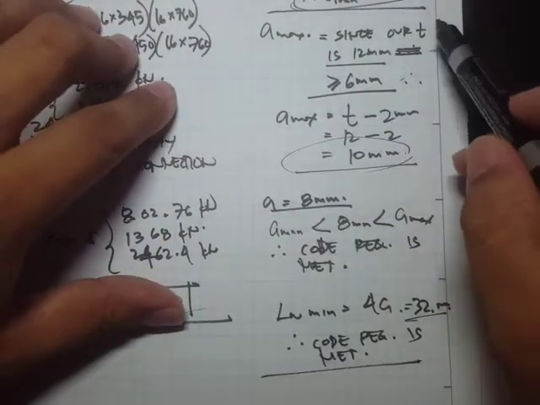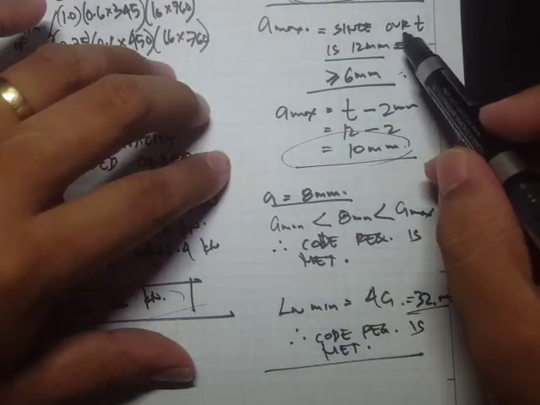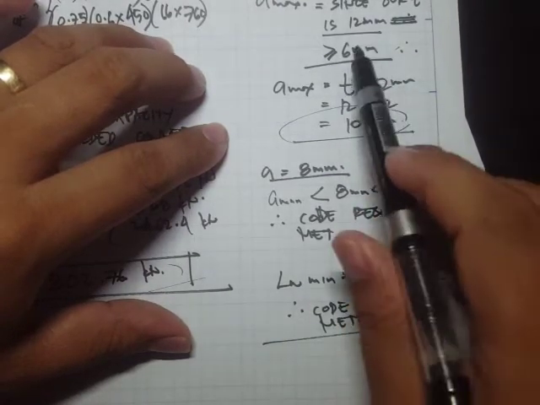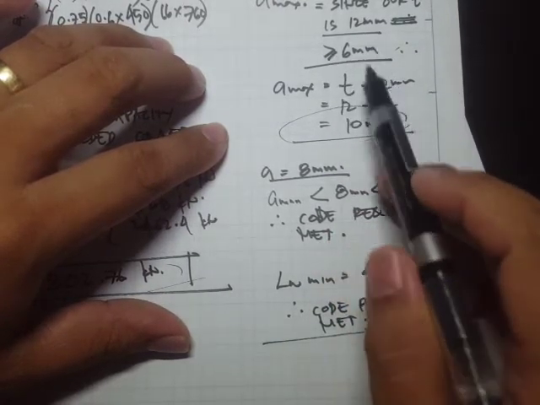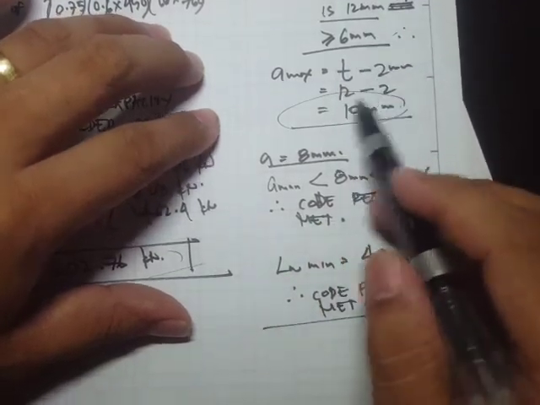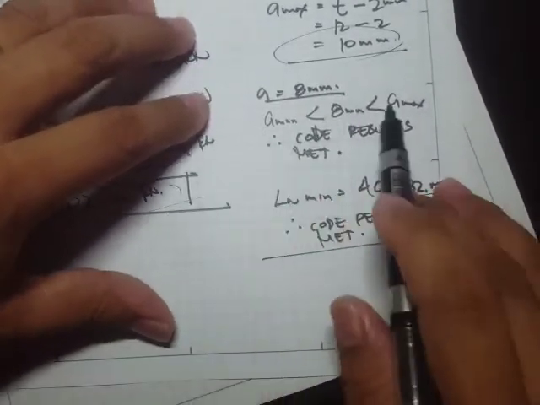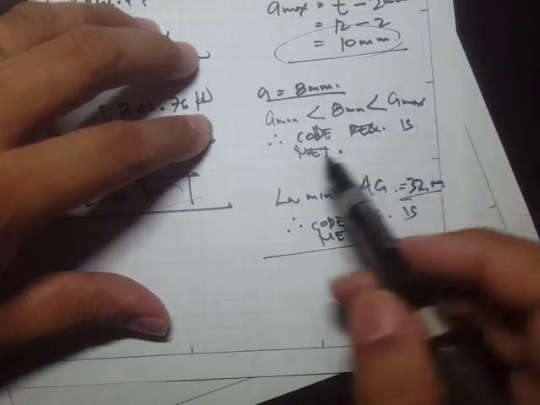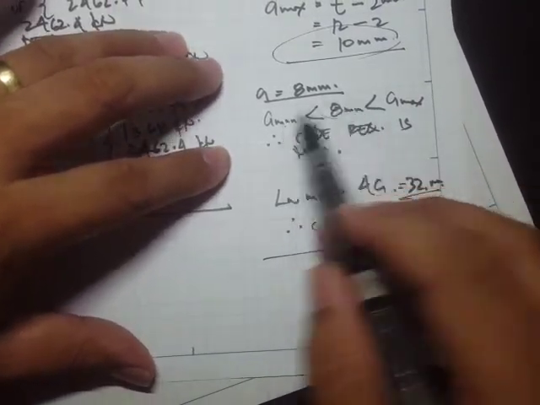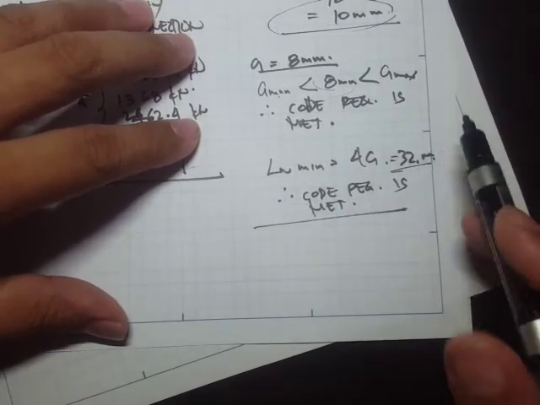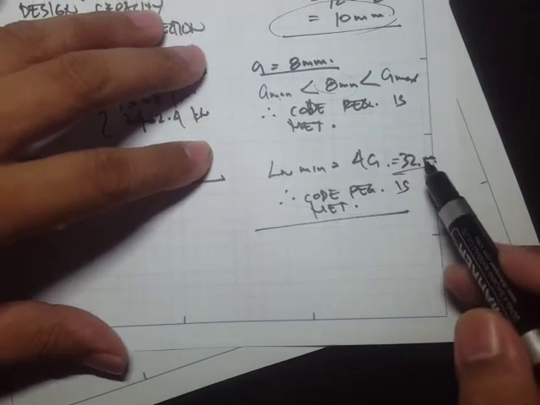For the maximum, if the thickness is greater than 6 mm, then our equation would be thickness minus 2. If it's less than 6 mm, then it's just the thickness itself. Okay, so we just substitute the equation, we get this, and yes, we say that the code requirement is met because we are in the range of minimum and maximum. And we also check the weld length, and we are way longer than this minimum weld length.